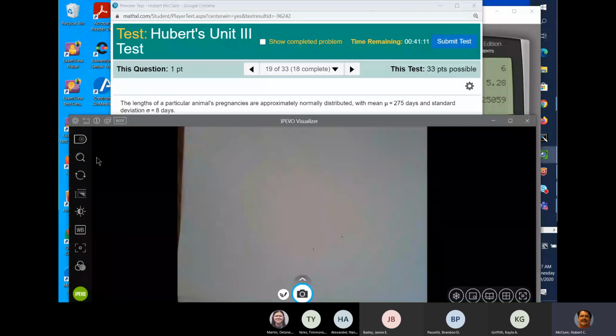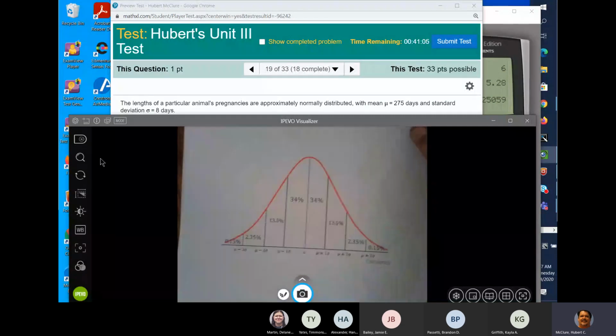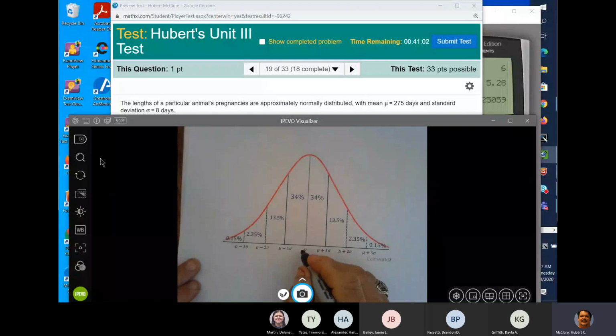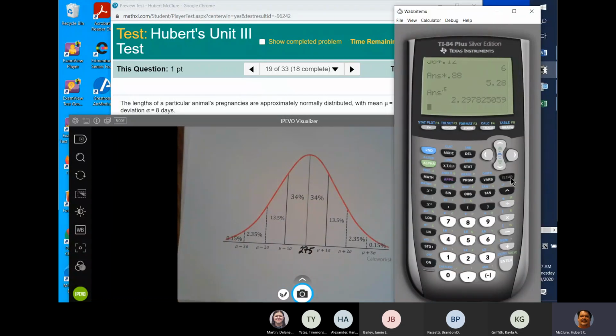So the first thing I'm going to do is draw a picture, and 275 goes here. And then our other numbers: 275 plus 8. I hate adding 8s. 275 plus 8 is 283. 283 plus 8 is 291, and 299.